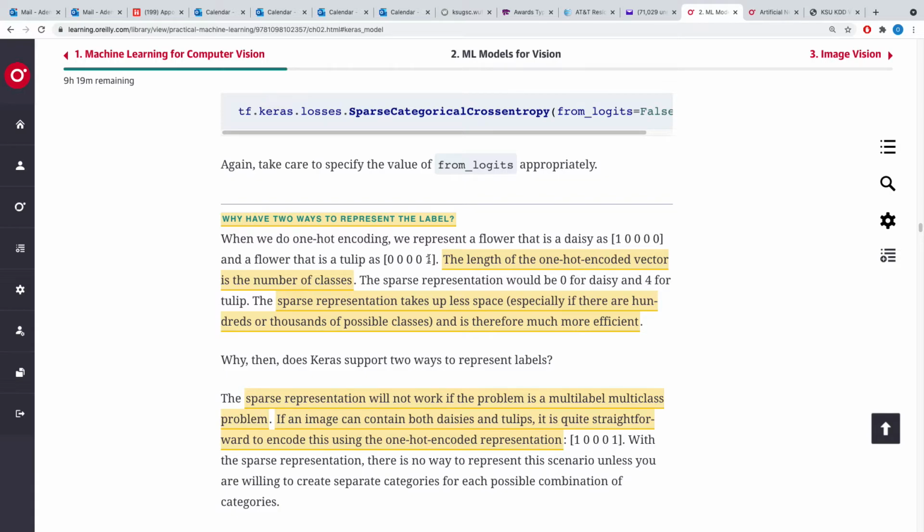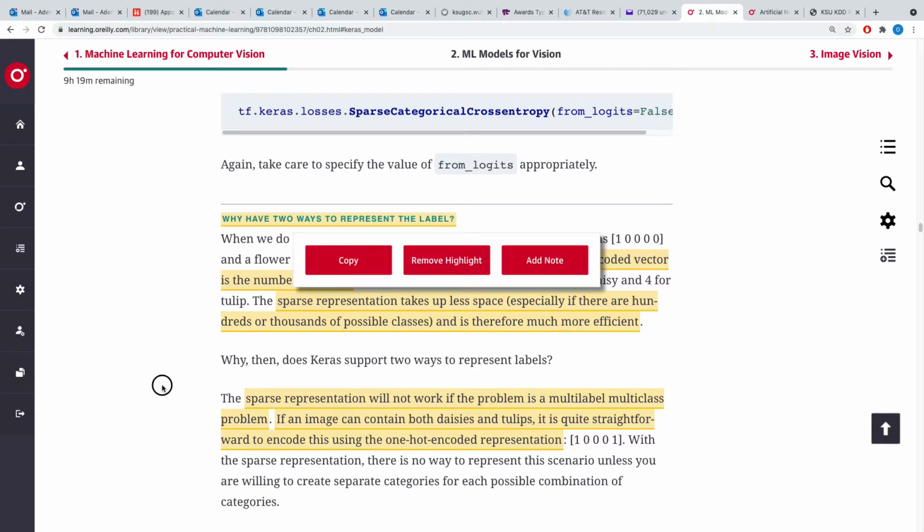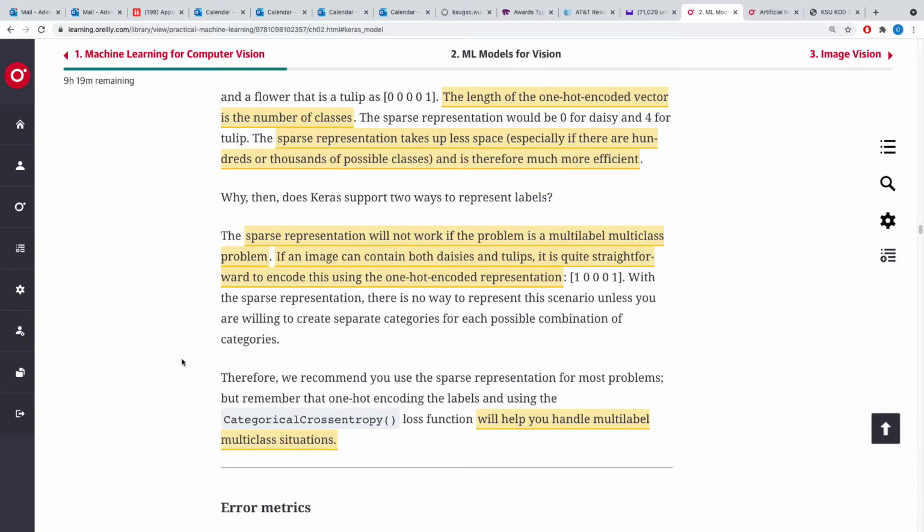What this 1/0 encoding helps us do is multi-label. If there are 2 or more classes present in a particular image, you can just turn the corresponding zeros to 1. But if you're using a sparse encoding, you will not be able to achieve that.